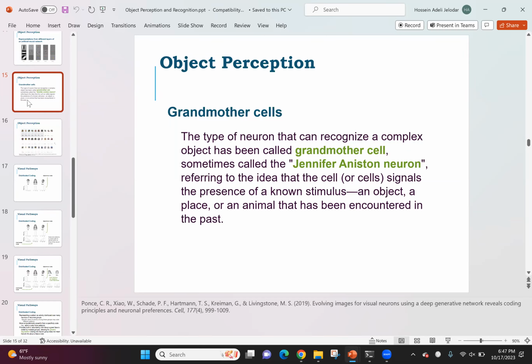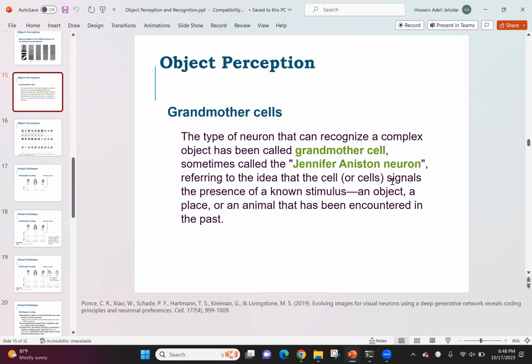Like when I see my grandmother, or I hear her voice when she calls me, or when I meet her, or I think about her, in all of those instances, there are a few cells in my brain that are responding to only that, right? So this is an extreme level of selectivity, that those cells are always signaling my grandmother, right? And this idea is called grandmother cell.